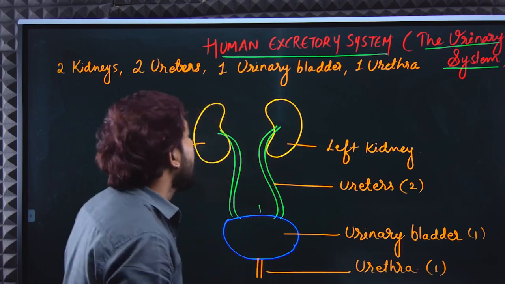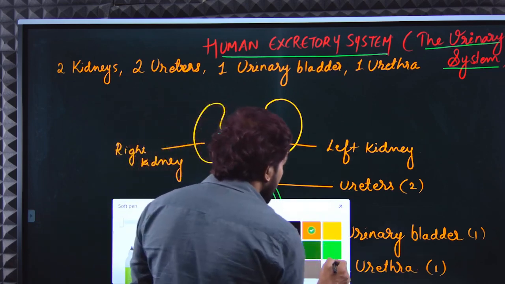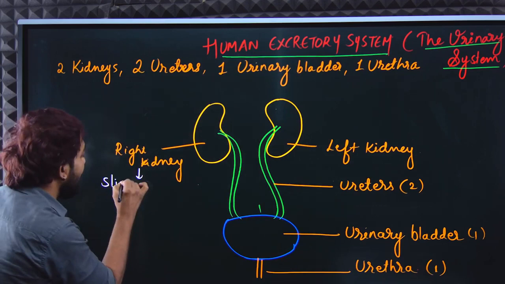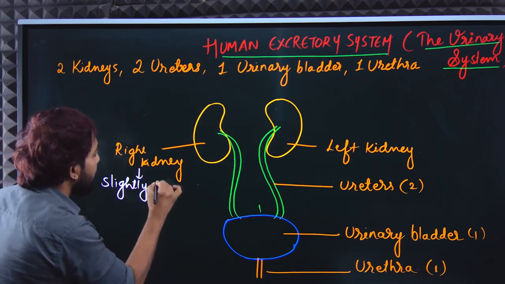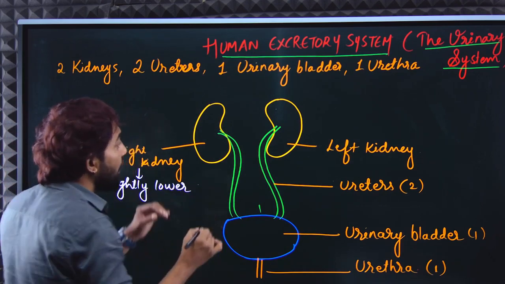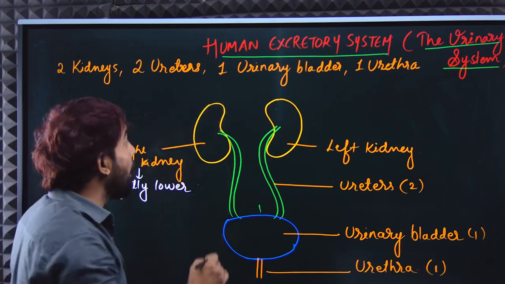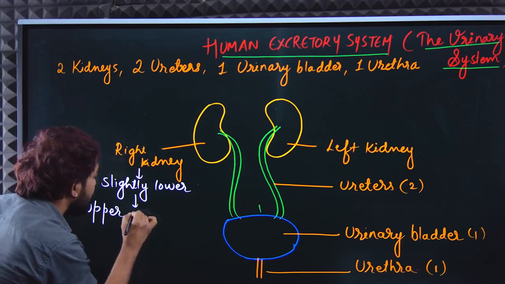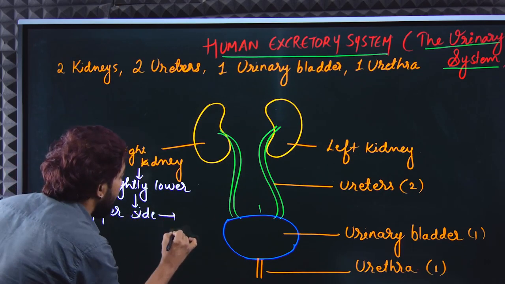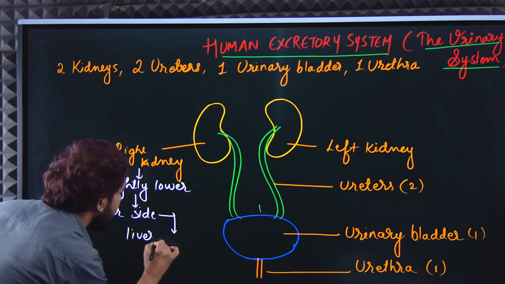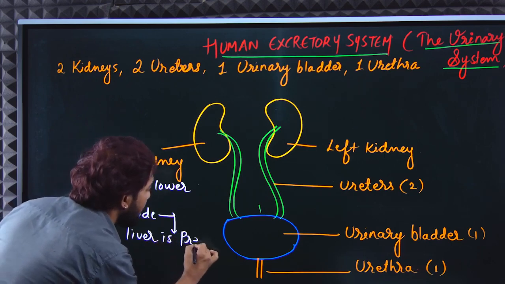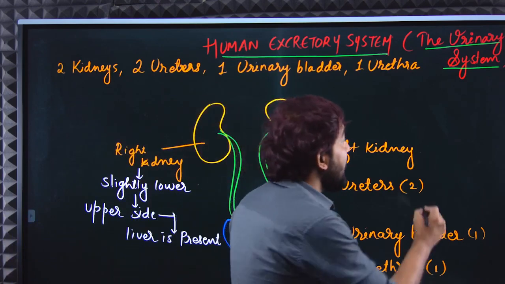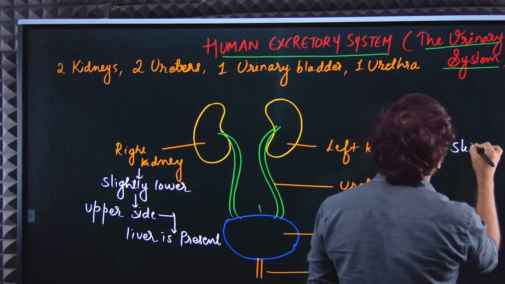or the urinary system. Here the right kidney is slightly lower because on the upper side, liver is present. When it comes to the left kidney, it is slightly dorsal.